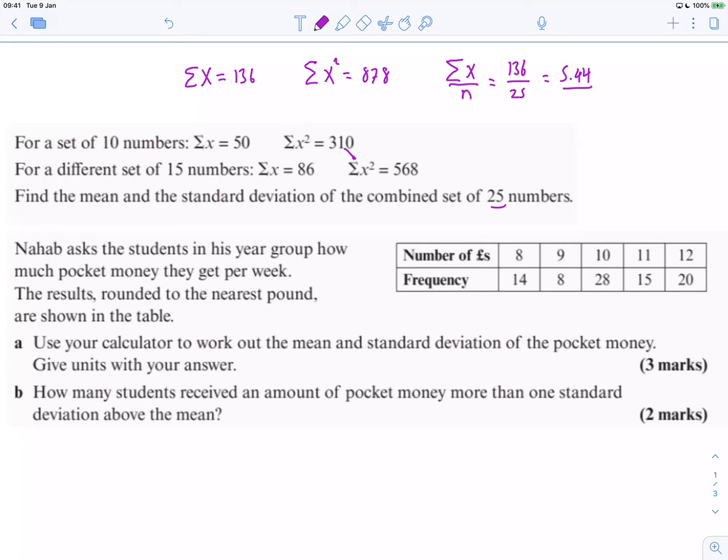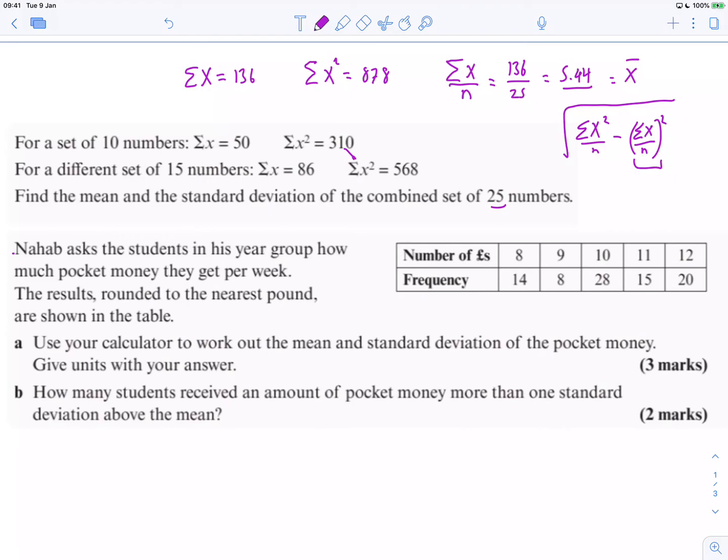And then the standard deviation is the square root of the sum of x squared over n minus the sum of x over n, all squared. This second part is just going to be capital X bar, which we've done before. So it's going to be the square root of the sum of x squared, which is 888, over n, which is 25, minus 5.44 squared.